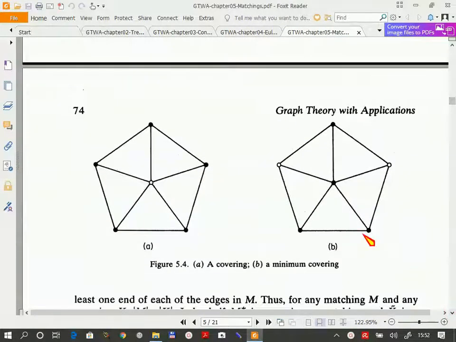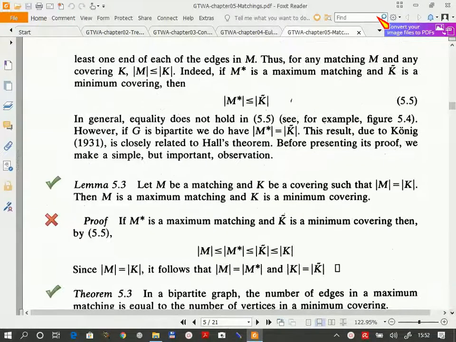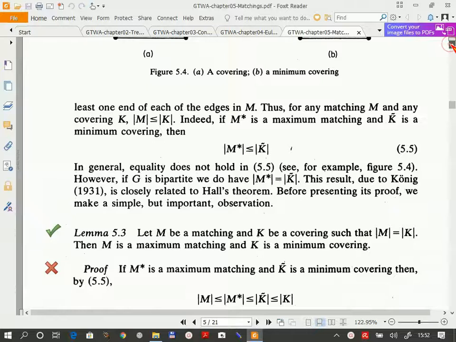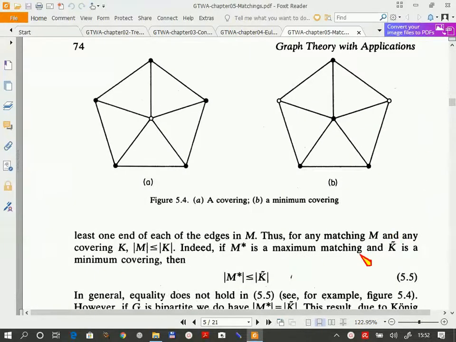What is a covering? A set of vertices such that every possible edge has at least one end in that set of vertices, okay? And a non-empty matching, so with at least one edge, has at least one edge, and that edge has at least a vertex in the covering. Say our matching is given just by one edge, okay?